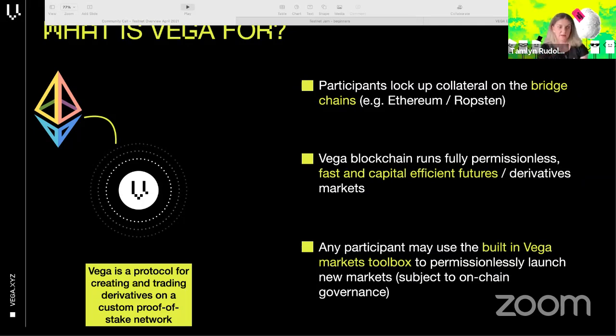And so any data really can be used. So if there's something that fluctuates, perhaps some kind of internet traffic measure or pollution index, it can be as big as your imagination as to what sort of market you might want to propose and play with on the Vega testnet.